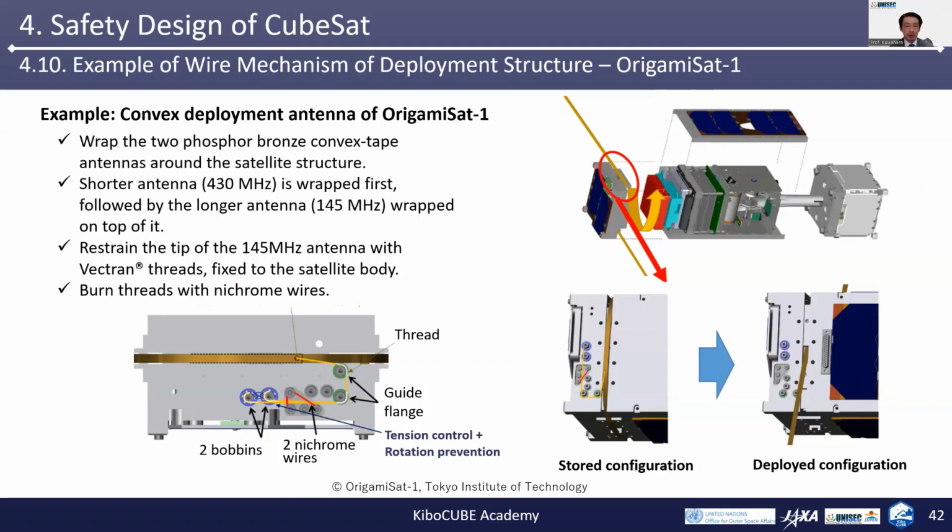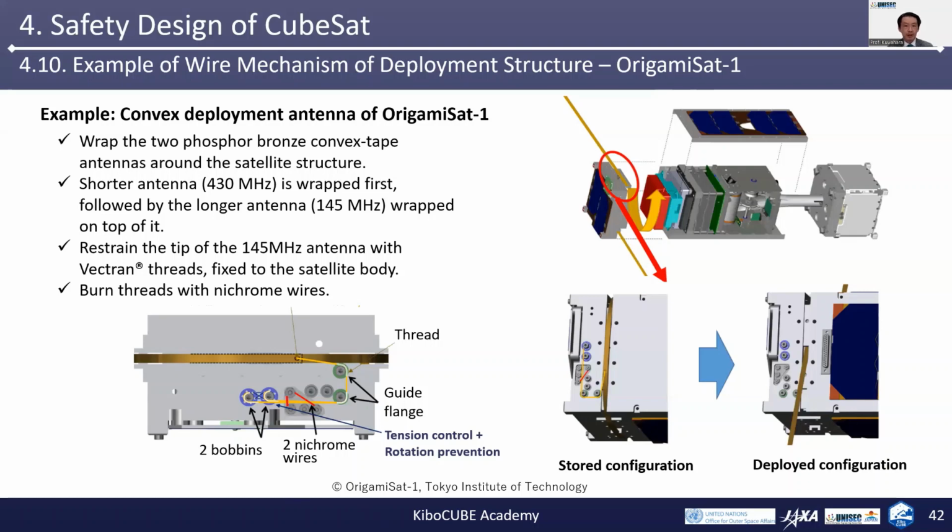The threads are burned out with nickel wires in space when the antennas are deployed. So you can see in the figure that the two wires are implemented as required, and both of them are fixed to separate fixing mechanisms on the satellite side to control their tensions separately.